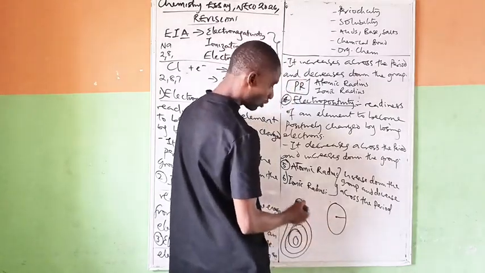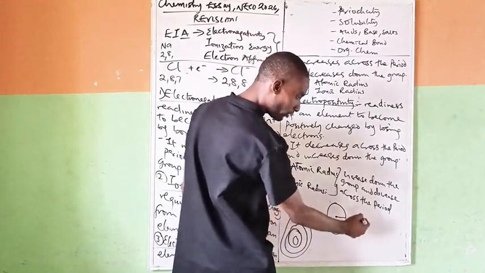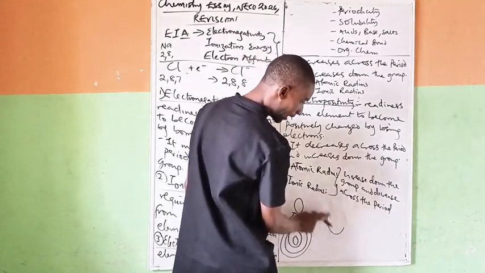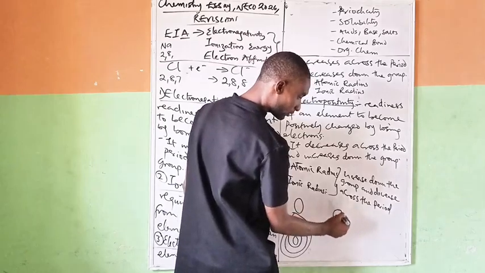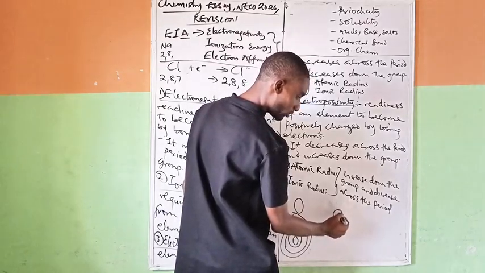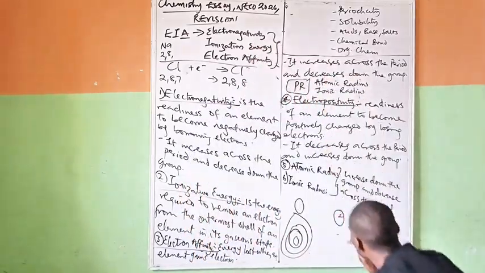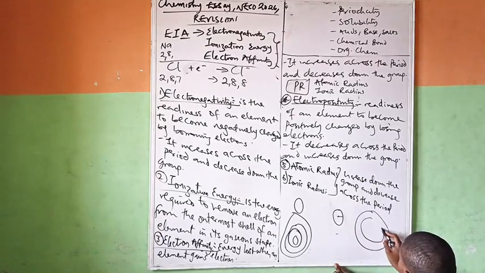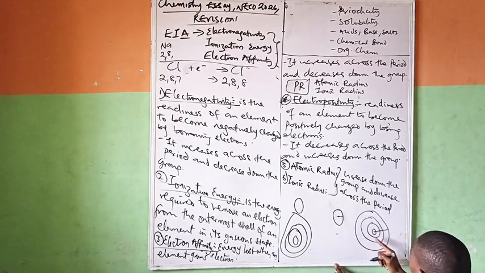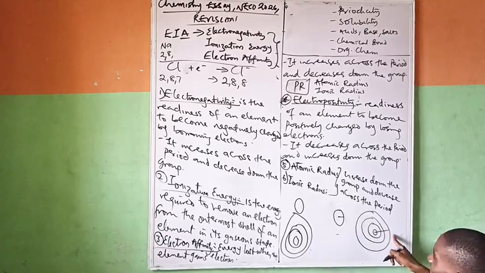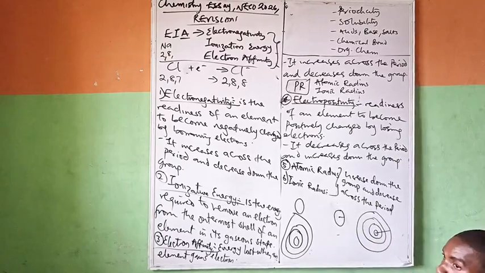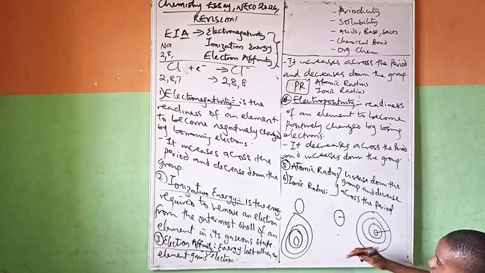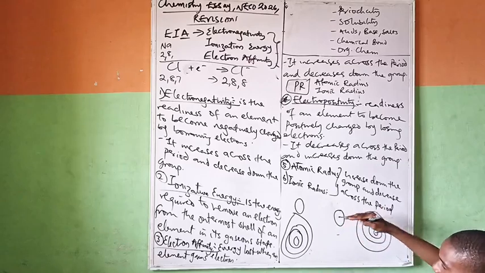So an element that has only one shell, compare the size to an element that has 1, 2, 3, 4. Who has a longer radius? The element with the more number of shells.